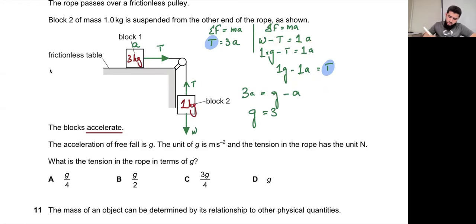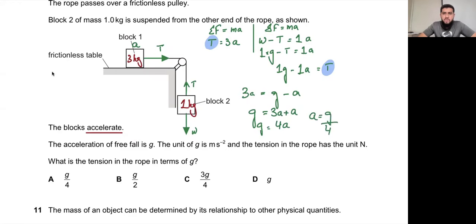So G is equal to 3A plus A. G is equal to 4A. I get it. I got a bit confused here, but I've got this sorted. So A is equal to G upon 4.